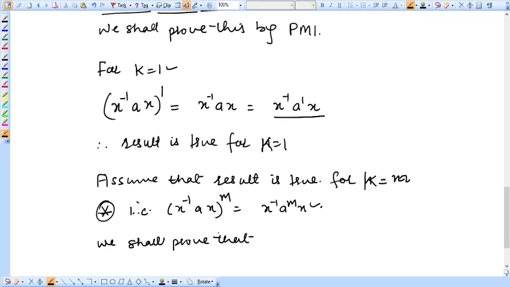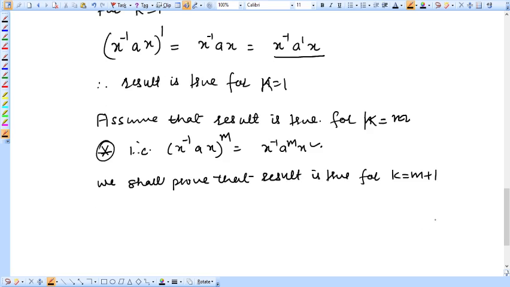This is the procedure we used to follow for the principle of mathematical induction. We shall prove that the result is true for k is equal to m plus 1.